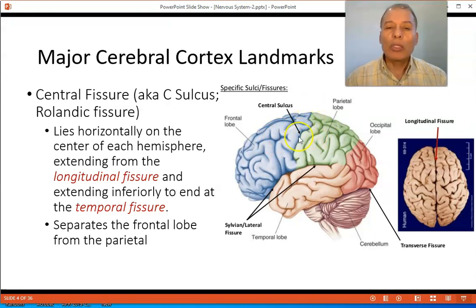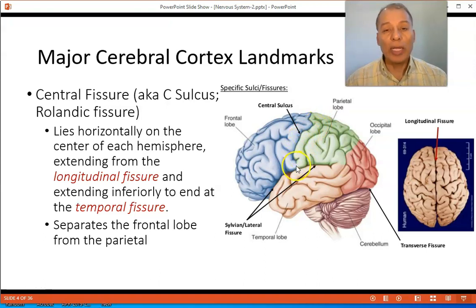Because it is called central, the gyrus in front of it, anterior to it, is called the precentral gyrus, and the gyrus posterior to it is called the post-central gyrus.